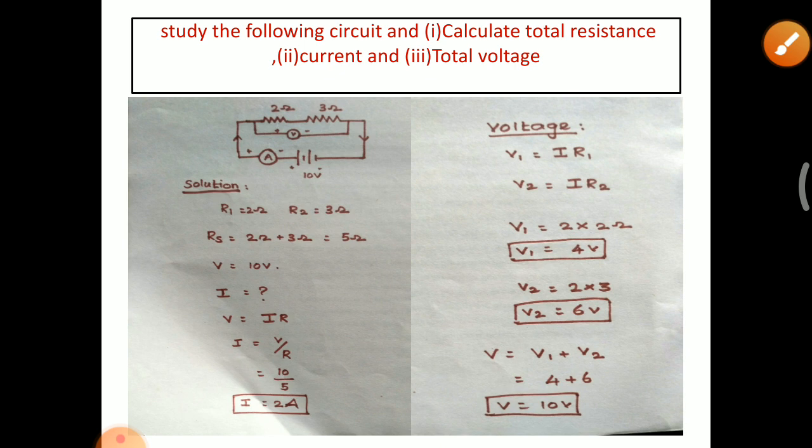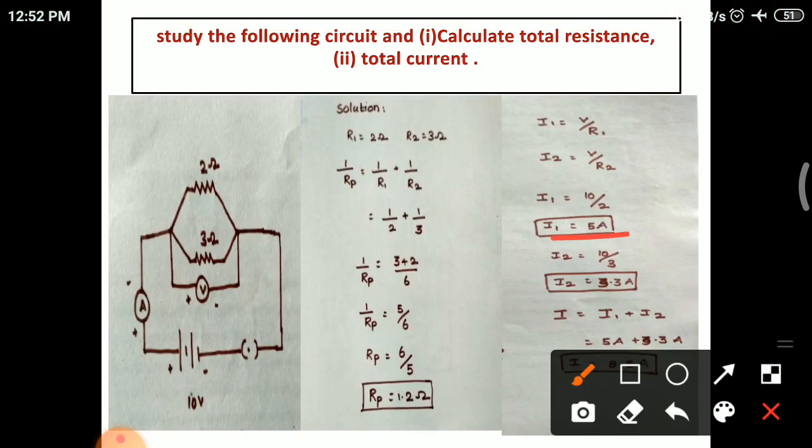The next, study the following circuit and calculate total resistance, current and voltage.